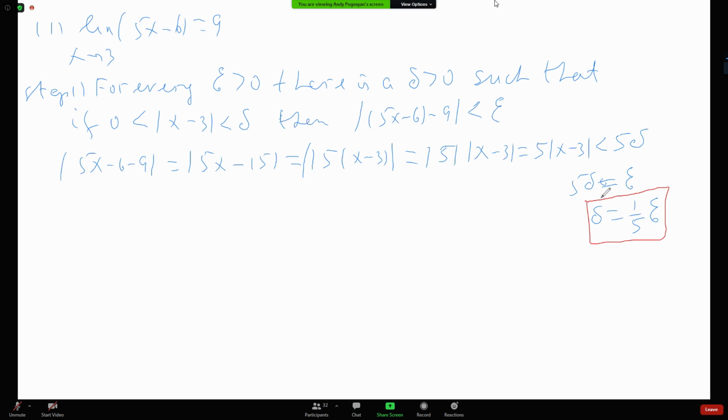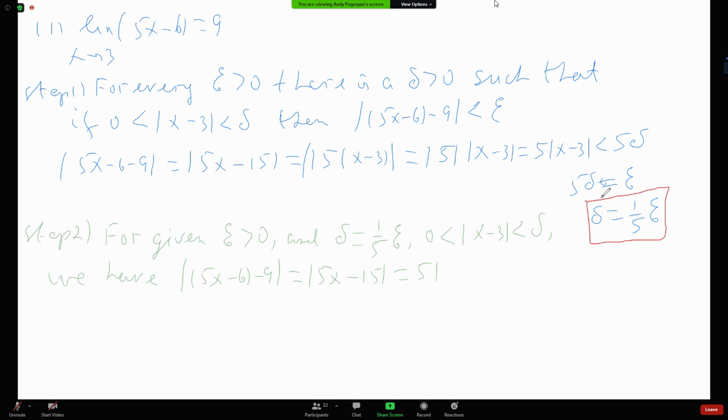Now, second step. For given epsilon greater than 0 and delta equal to 1 over 5 epsilon, 0 is less than the absolute value of x minus 3, less than delta, we have 5x minus 6 minus 9 equals 5 times x minus 3, which is less than 5 delta, which equals 5 times 1 over 5 epsilon.